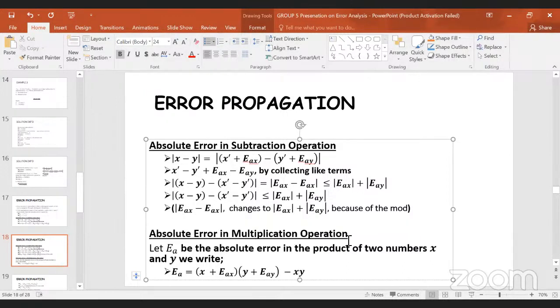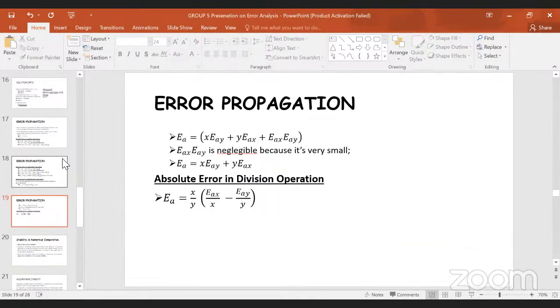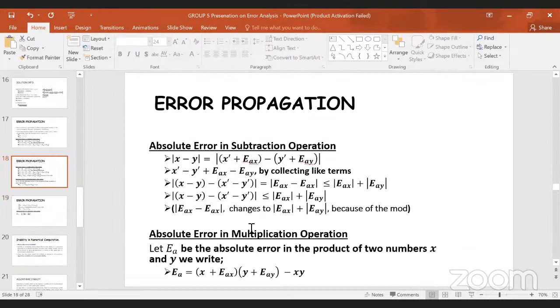We also have our absolute error in the product of numbers. Now for multiplication, let EA be the absolute error in the product of two numbers x and y. So we write our approximate solution as (x plus EAX) into (y plus EAY) minus xy.